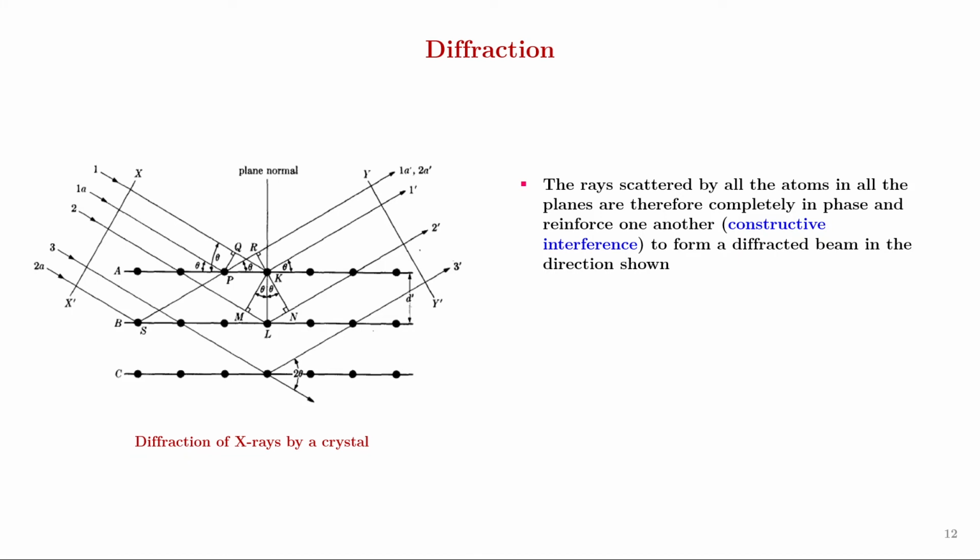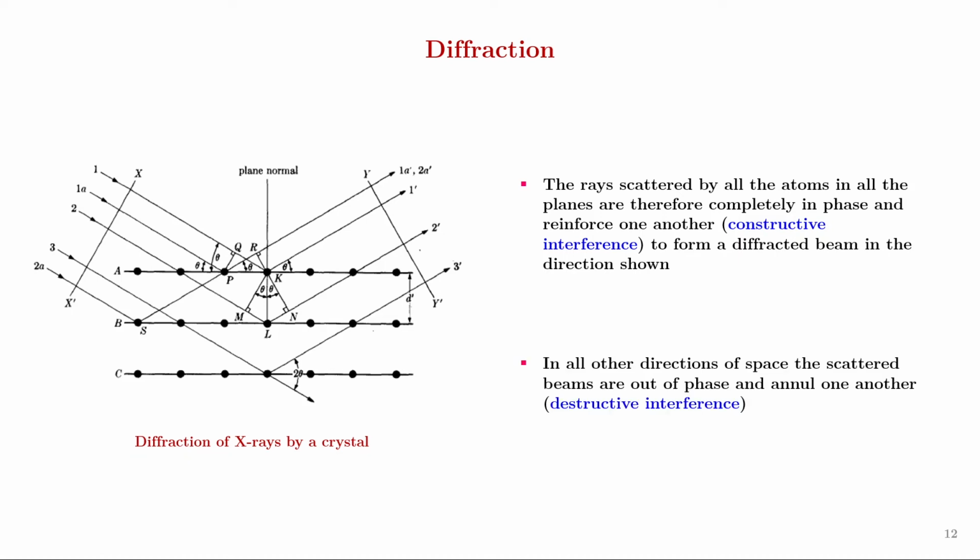The rays scattered by all the atoms in all the planes are therefore completely in phase and reinforce one another, and this is constructive interference to form a diffracted beam in the direction shown.